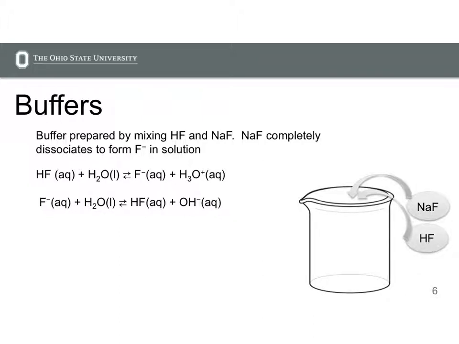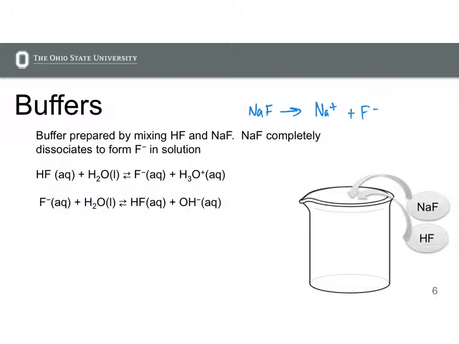So let's look at this specifically. Let's make a buffer by mixing hydrofluoric acid, HF, and sodium fluoride, NaF. We know that sodium fluoride is going to completely dissociate to form the sodium ion and the fluoride ion.